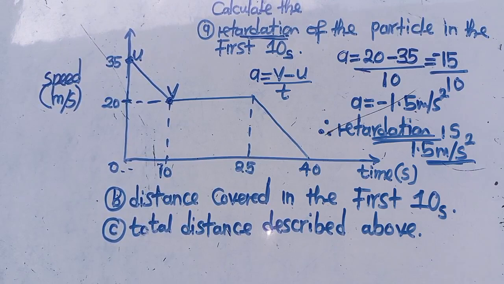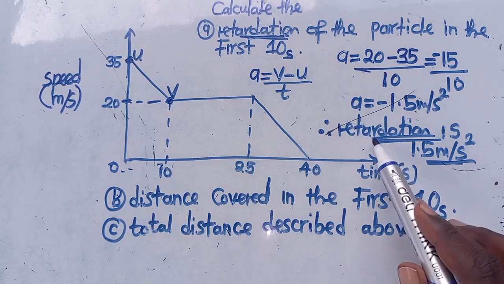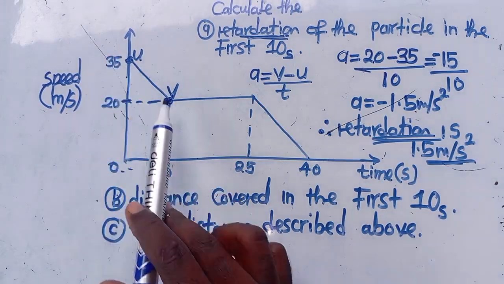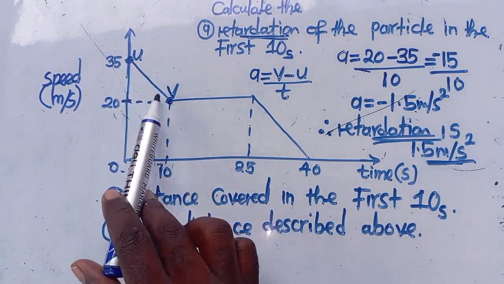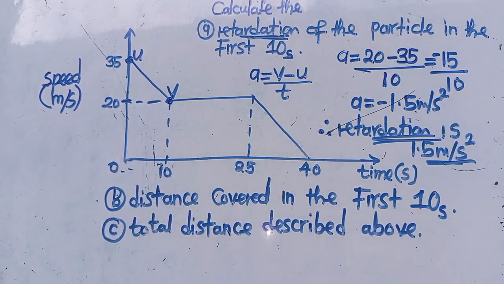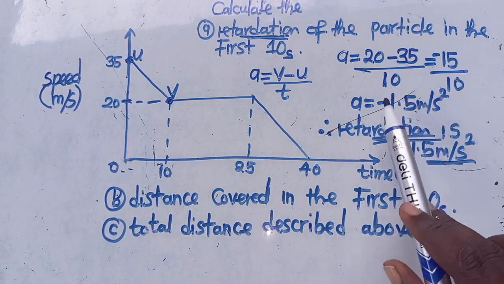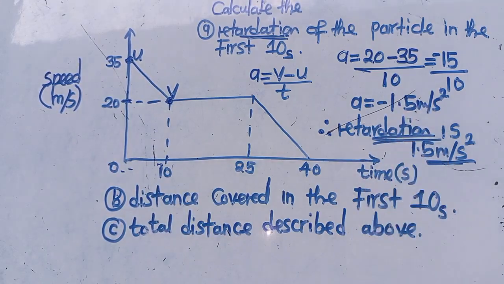You are not supposed to include the negative because I've used the word retardation. But if they had said find acceleration in the first 10 seconds, in as much as you know that this is deceleration, they have said acceleration, so the answer will be negative. And somebody that looks at this negative will be able to tell that, for sure, this is a retardation.